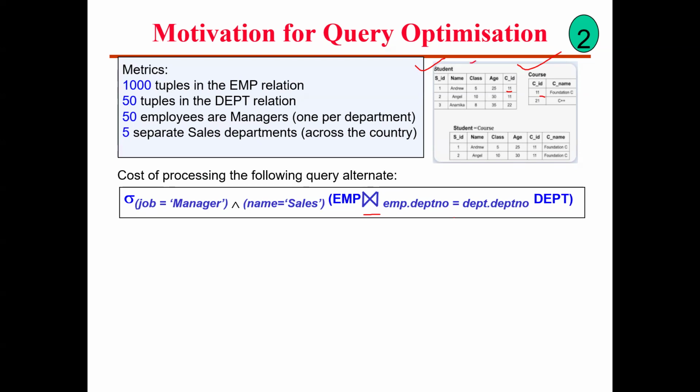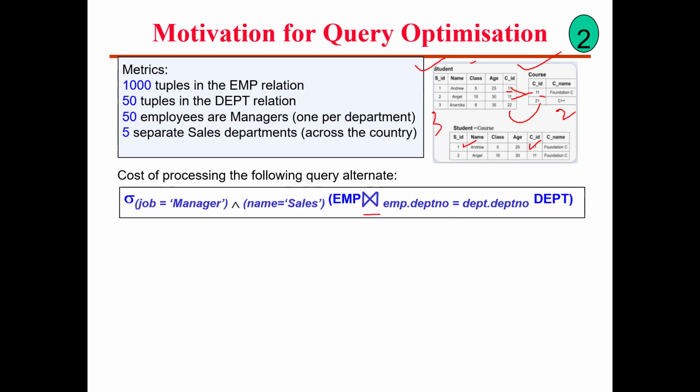So if you want to join the student table with the course table and you want to know the name of the course for a given course ID, you will join only those records which have the common predicate, or common foreign key and primary key value. So if you see here, we have 3 rows here and 2 rows here.